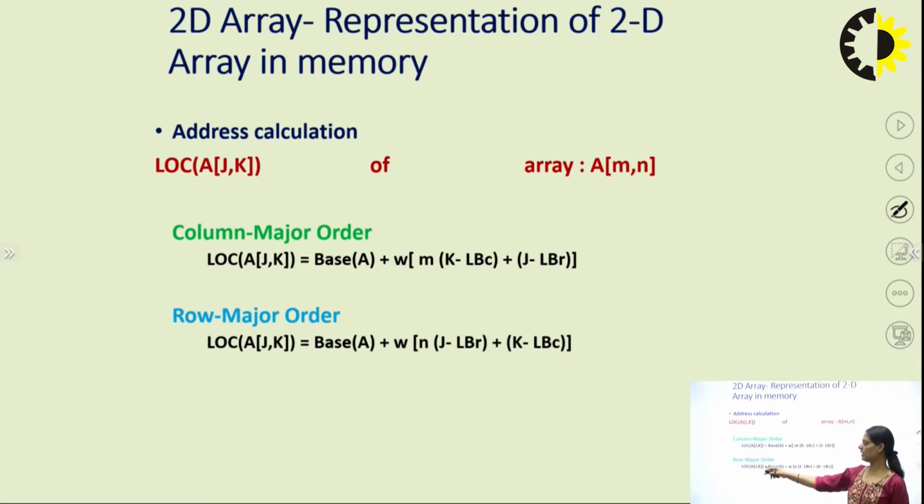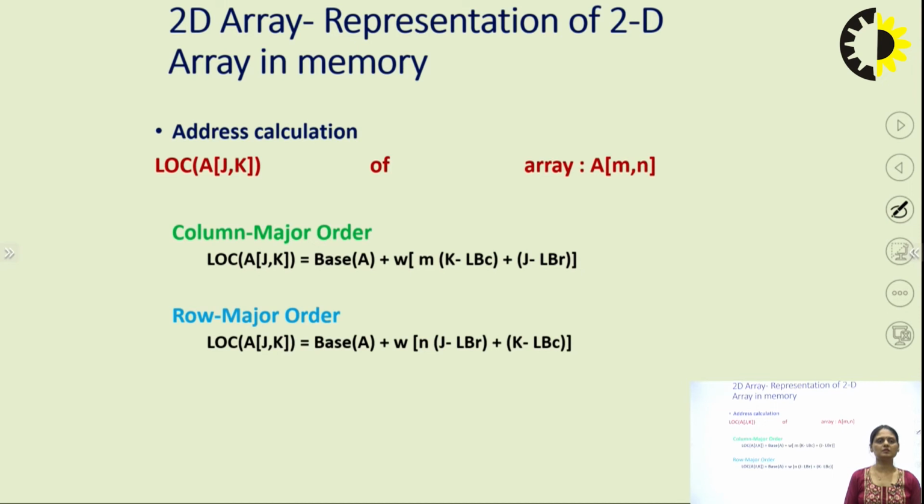Now we have the row major order address calculation. This equals the base address of A plus W into N into (J minus LBR) plus (K minus LBC). So this is the formula for column major, and this is the formula for storing in row major.